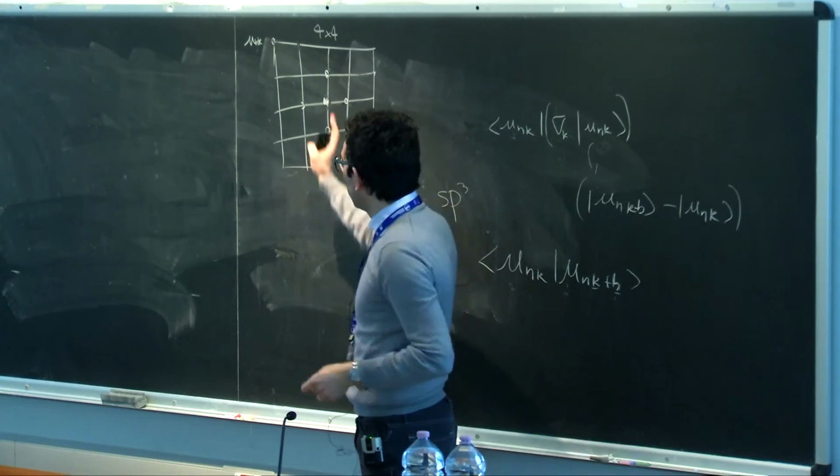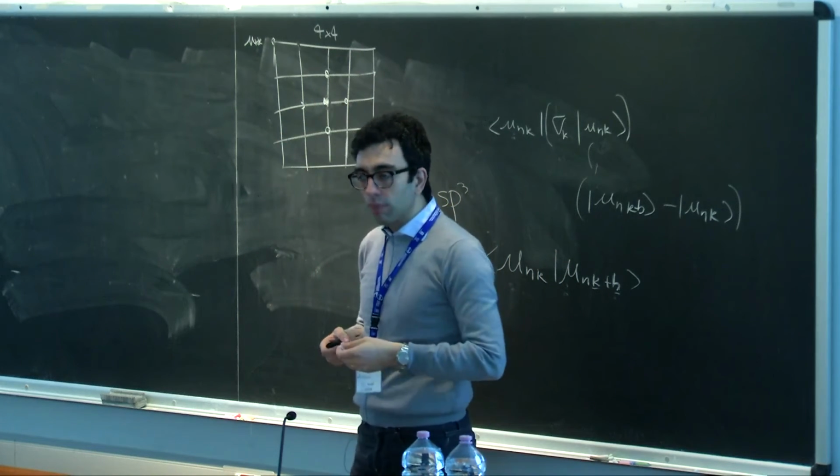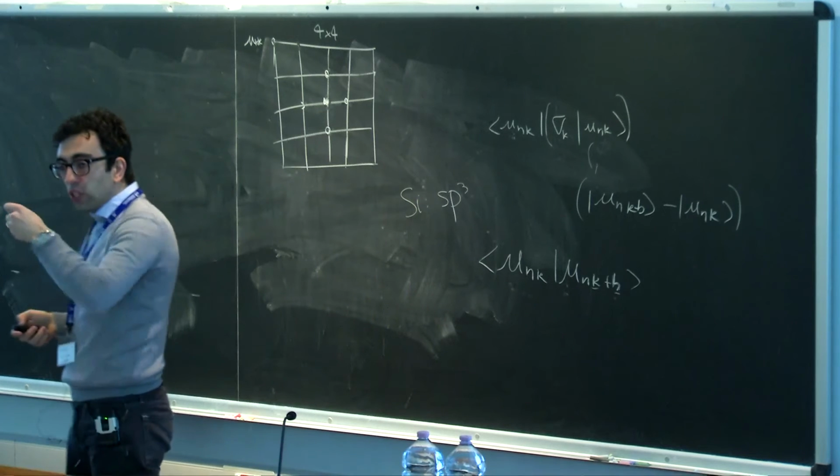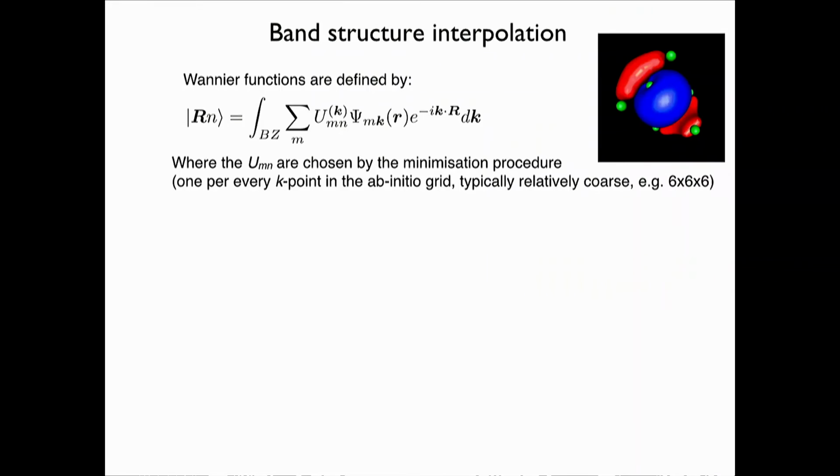You just have the energies at these 64 points. But often you want to do a band structure interpolation, or even more, a density of states, for instance, and you need a very dense sampling of your Brillouin zone in order to get an accurate result. The advantage of Wannier functions is that they allow you to do a very efficient and accurate interpolation of the bands.